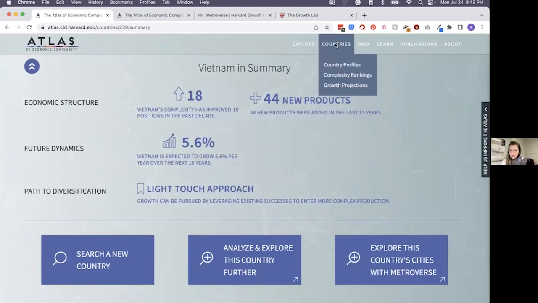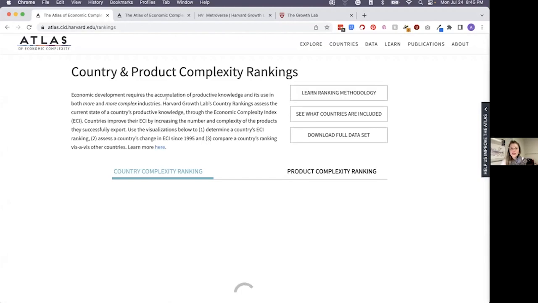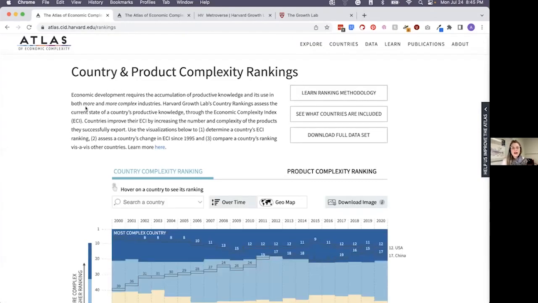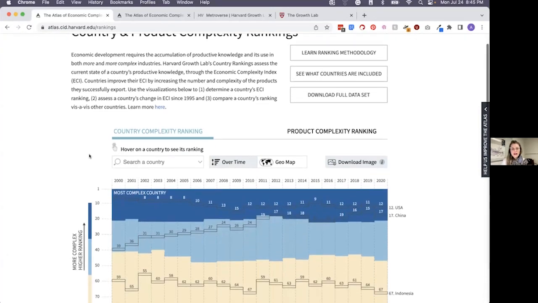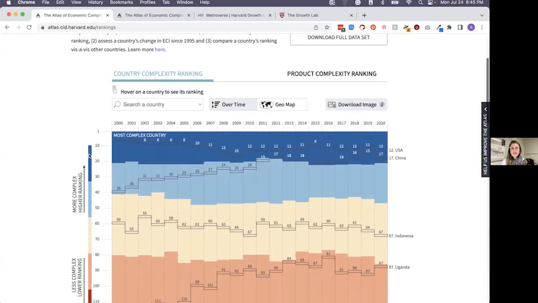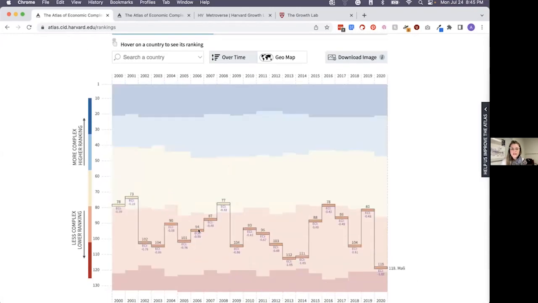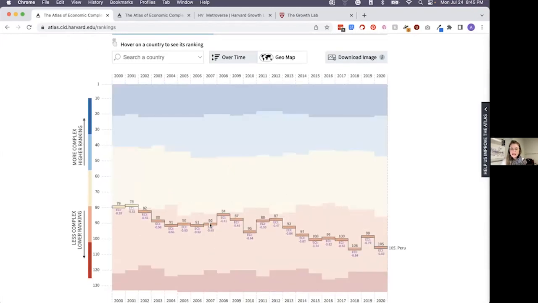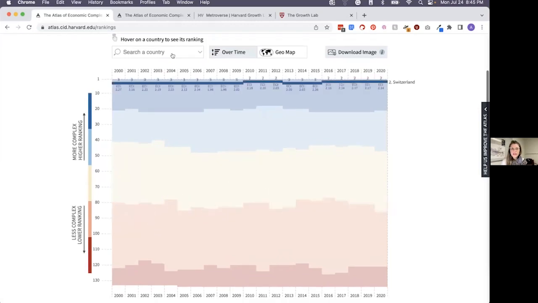So that's country profiles. The last thing I'm going to show you very quickly are complexity rankings. Tim touched on this a little bit in his presentation, where he said that one of the most important things we measure at the lab is how complex is your export basket, and particularly, is it changing over time? And so here we have our ECI index, or our complexity ranking over time.